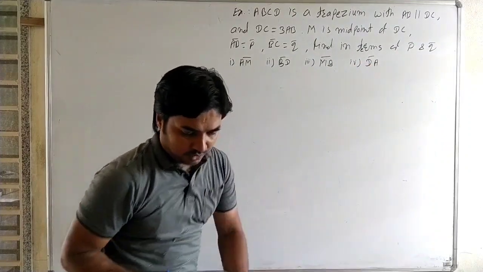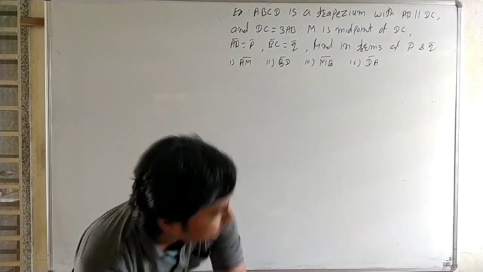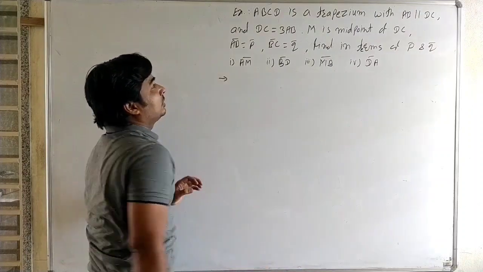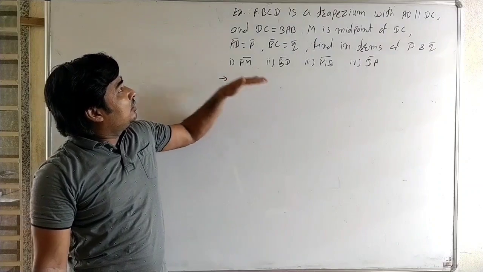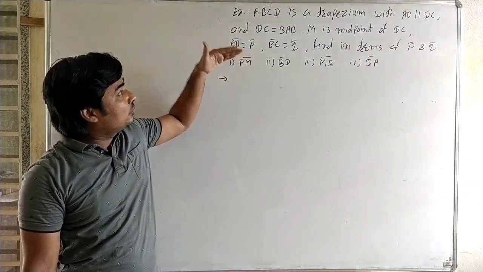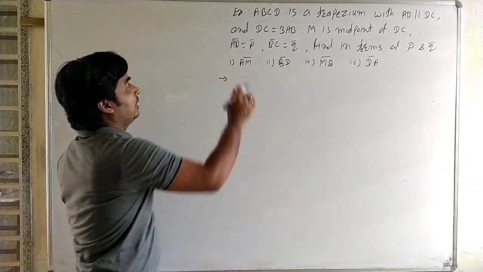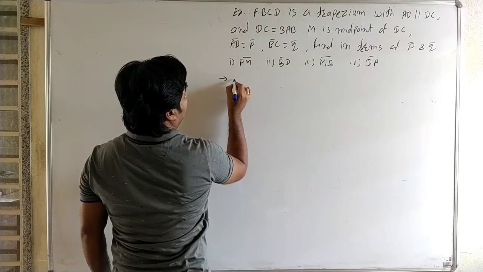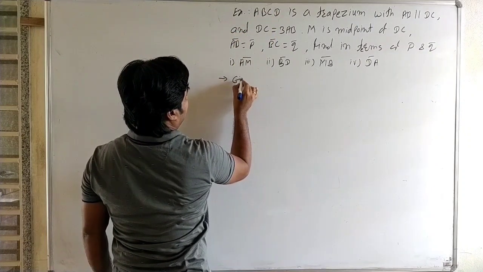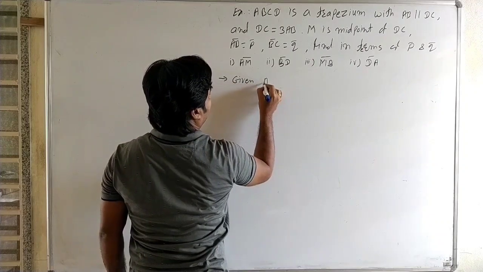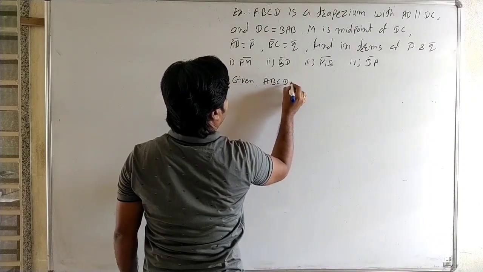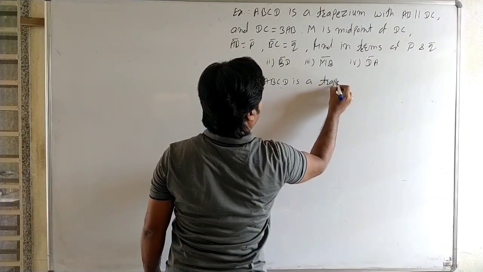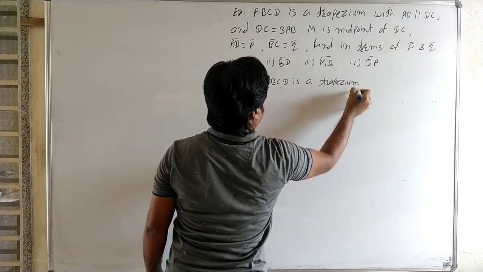Okay, now here it is given that ABCD is a trapezium, meaning a quadrilateral in which one pair of opposite sides is parallel.